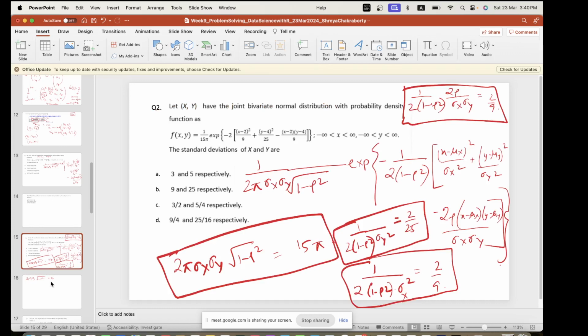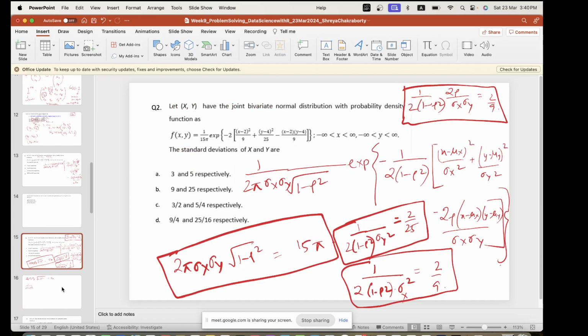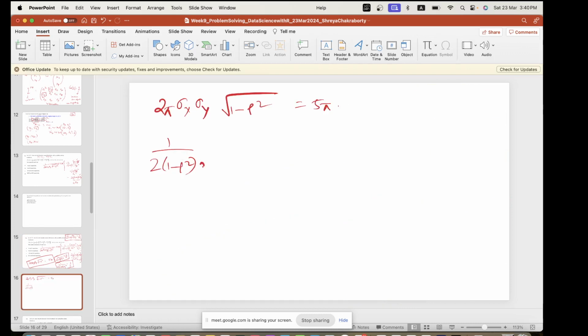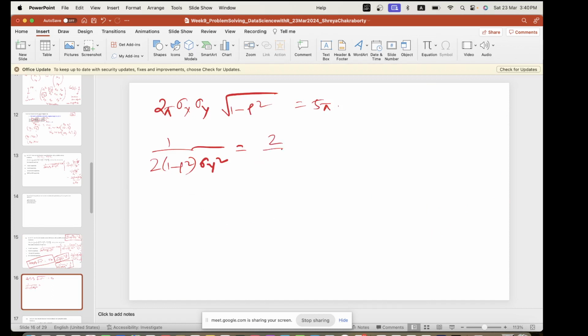Another equation is 1 by 2 into 1 minus rho square into sigma y square is how much? 2 by 25. And 1 by 2 into 1 minus rho square into sigma x square is 2 by 9.